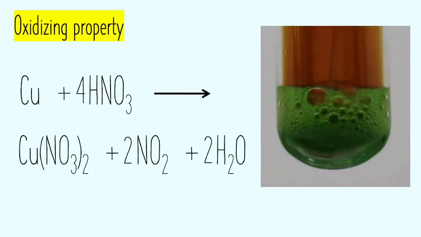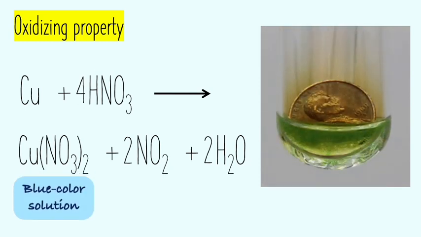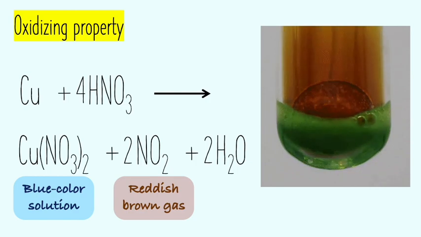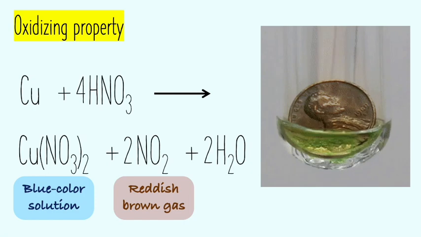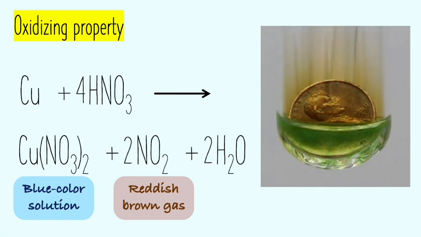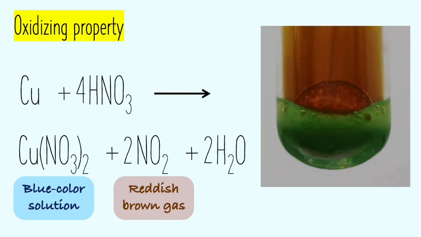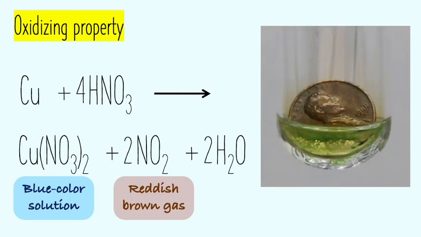The products of this reaction are copper nitrate solution, which is blue color, and reddish-brown nitrogen dioxide gas. This gas can partially dissolve in the solution, along with the blue color of copper 2 nitrate solution, resulting in the green color that you've seen in the video.